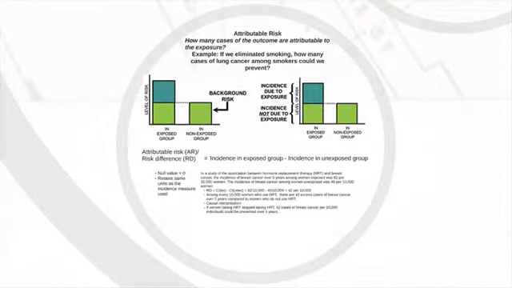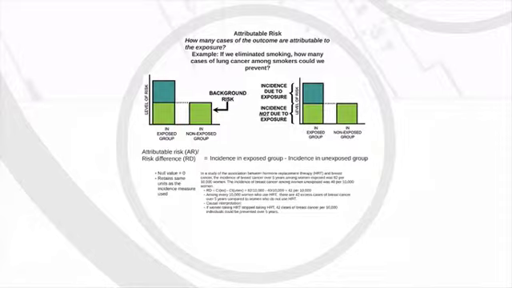So with attributable risk, I'm going to have to back up. In the incidence rates and cumulative incidence ratios, we were saying how much more likely is something to happen when you're exposed. Here we're asking a slightly different question. We want to know how many cases of the outcome are attributable to the exposure.